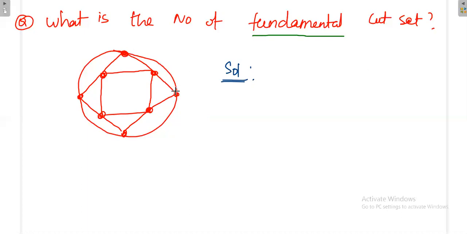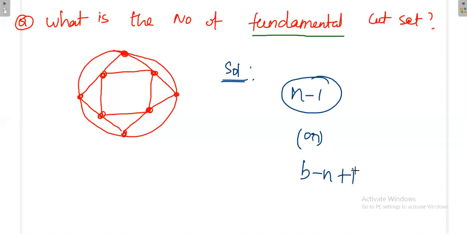Tell me any answer: n minus 1, or b minus n plus 1, or b. Remember one thing: when they ask for fundamental cut set, incidence matrix, or tie set, your answer is going to be either n minus 1 or b minus n plus 1. You have to determine correctly which is correct for a particular set.